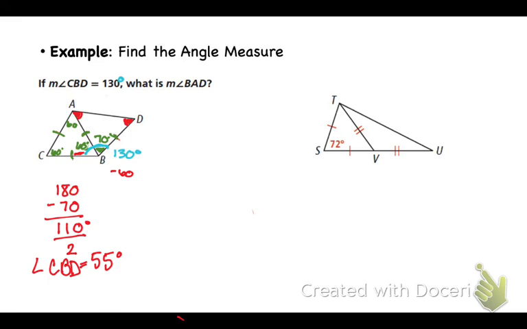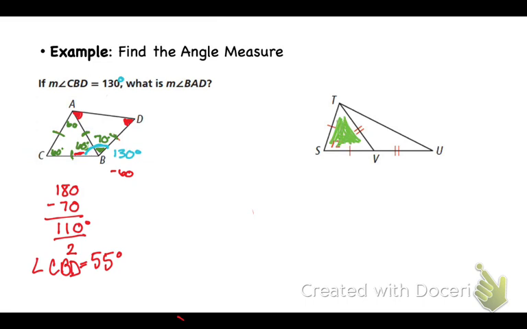Okay. So I know 72. Dakota, I know 72. Is there anything else I can figure out? We know 180, right? We probably need to look at this triangle right here first, correct?